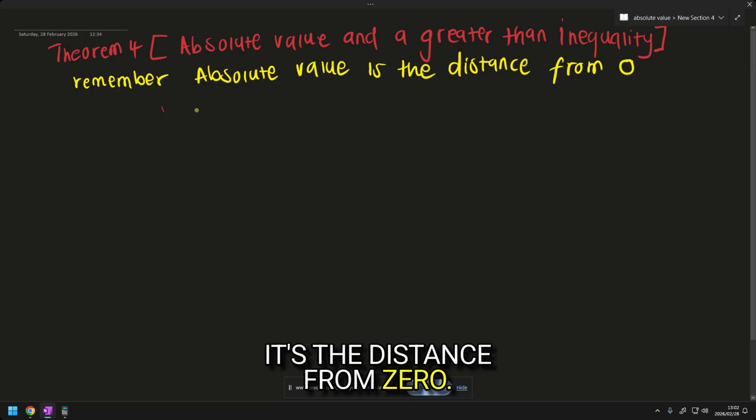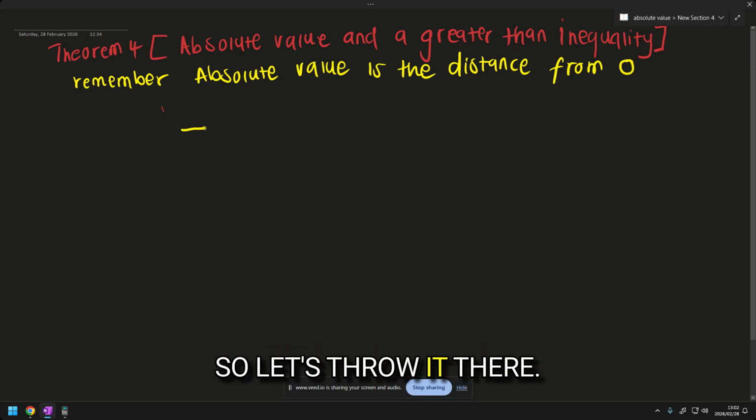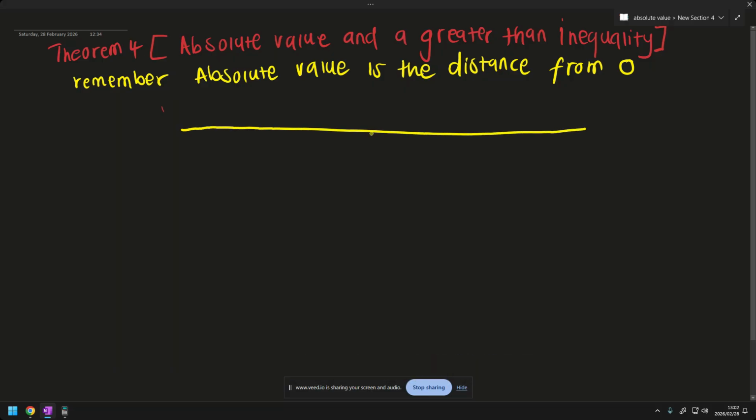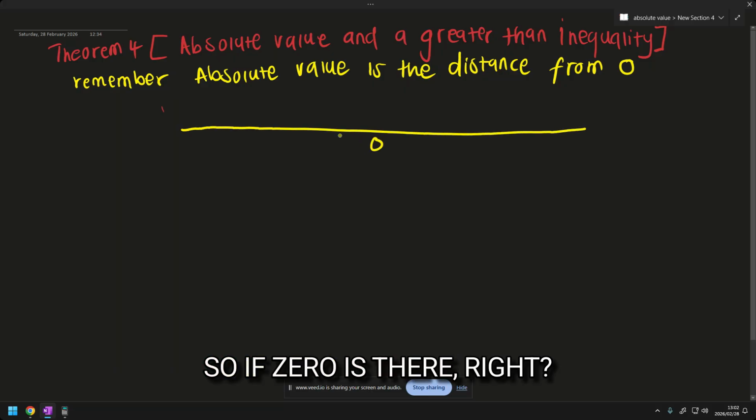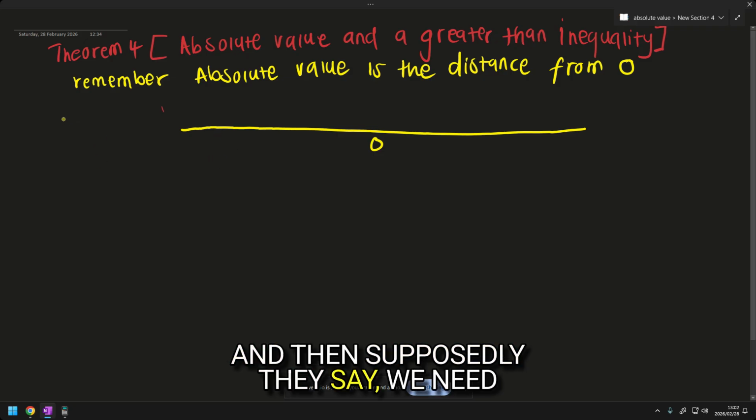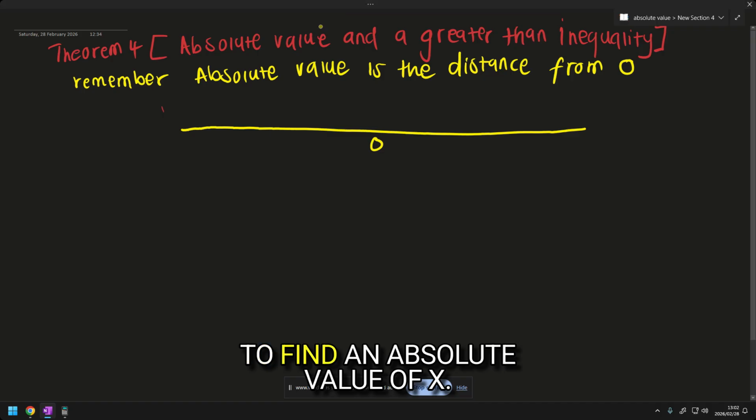It's the distance from zero. So let's throw it there. So if zero is there, right, and then supposedly they say we need to find an absolute value of x.